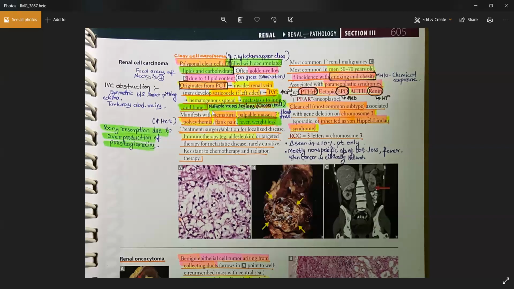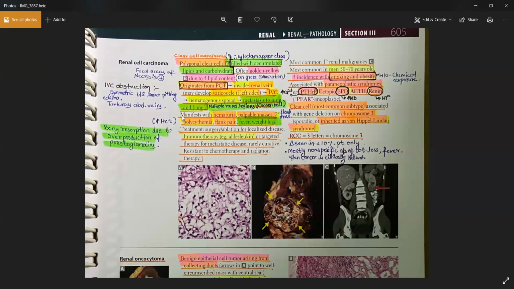You do a CT or MRI of the patient's abdomen, and what you will find is this kind of irregular mass on the kidney, seen unilaterally, and that's how you know the patient has a renal cell carcinoma. So the manifestations are hematuria, palpable mass, polycythemia, because this tumor releases erythropoietin, flank pain, fever, and weight loss.